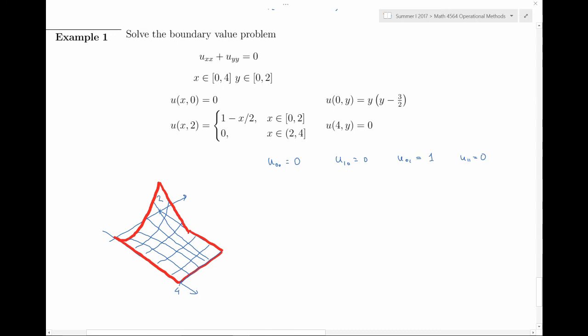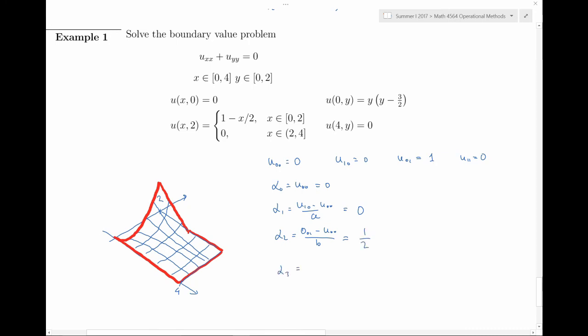So the coefficient for the function v can be computed as follows. Alpha naught is u00, and that's just 0. Alpha 1 was equal to u10 minus u00 over a, and that was 0. Alpha 2 is u01 minus u00 over b. u01 is 1, so it's 1 over 2.